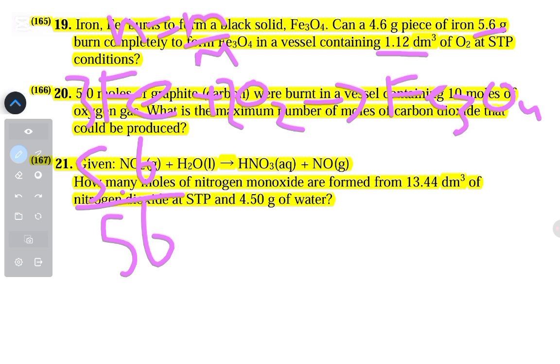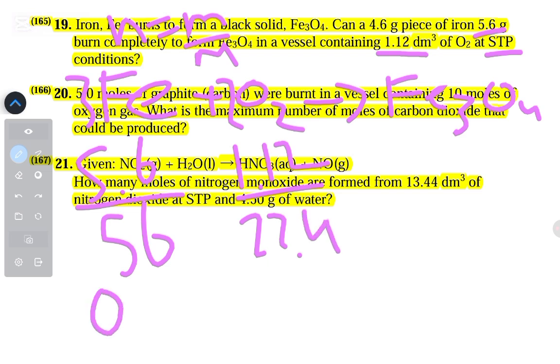Now, O2, 1.12 is the volume. From volume to moles, we divide by the STP or RTP value depending on what they give. So 1.12 divided by, they gave STP here, so 22.4. What do you get? Over here, 5.6 divided by 56, Fe is 0.1, and 1.12 divided by 22.4 gives you 0.05.